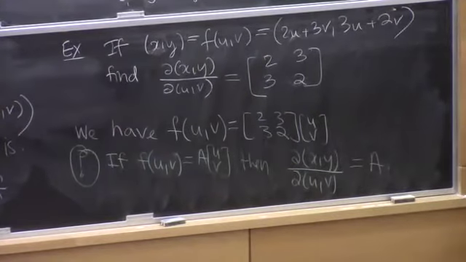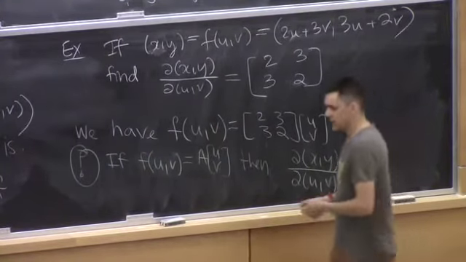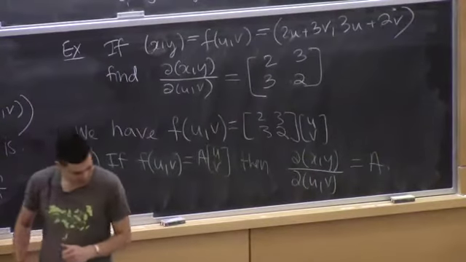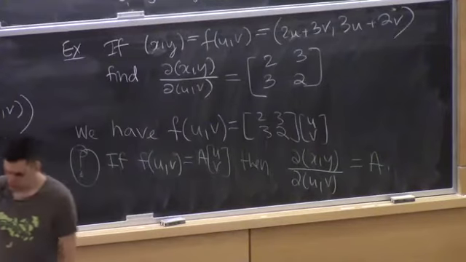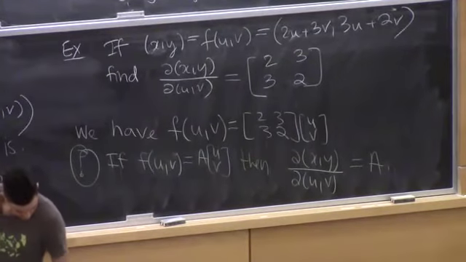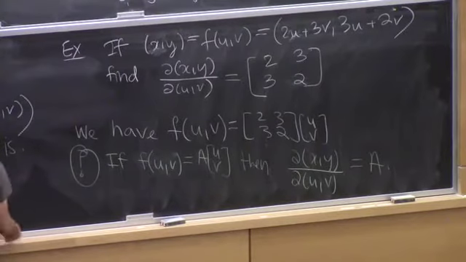So for linear things, the Jacobian and the matrix agree. Okay, so that's sometimes helpful to keep in mind. Okay, very good. So there's the Jacobian.